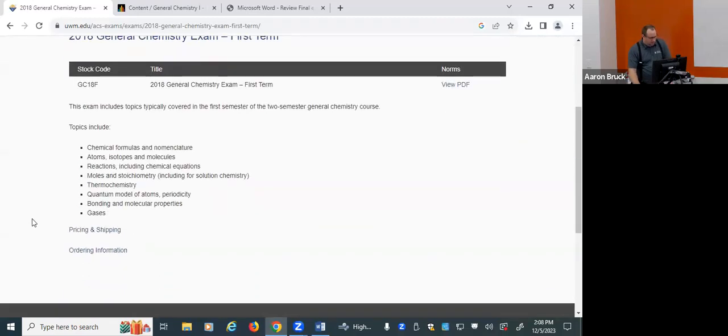That exam is generated by the American Chemical Society, so it is taken by chemistry majors all over the country, and in several U.S. territories as well. Anywhere the American Chemical Society has a footprint, this is one of the primary exams taken.